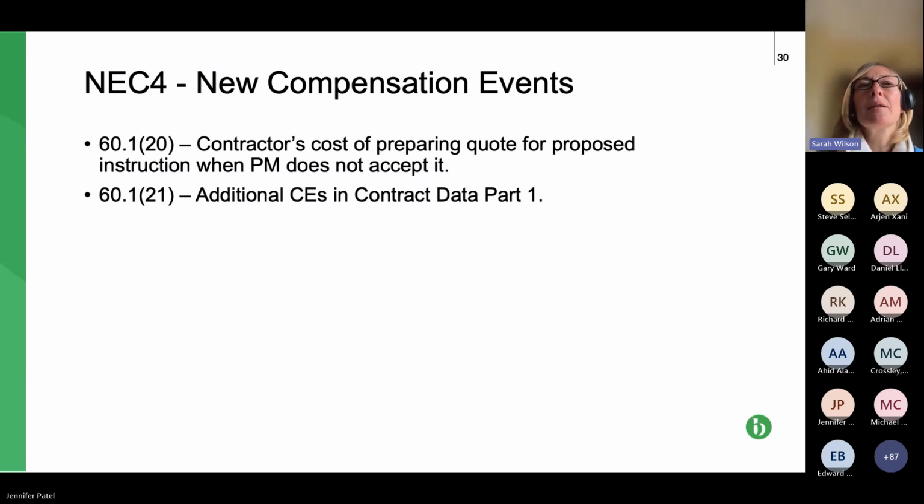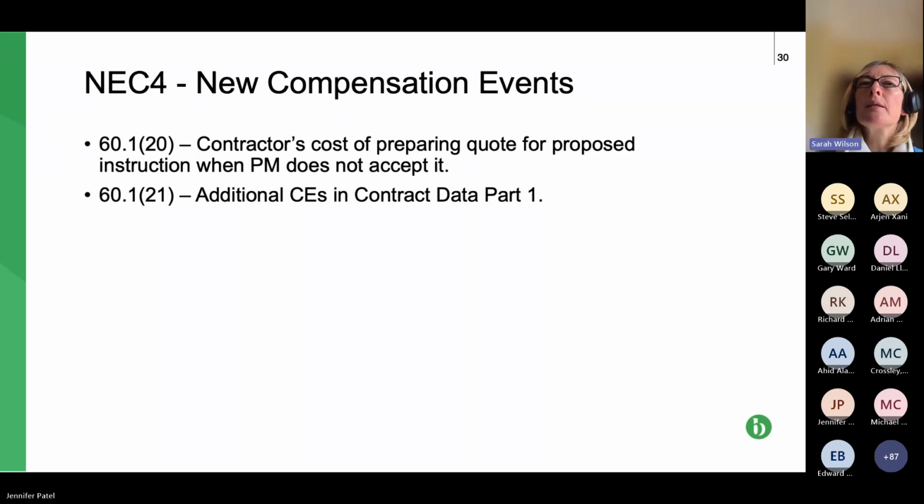And then second bullet point, clause 60.121, any additional CEs in the contract data part 1. So this merely puts right at the end of the contract data part 1, a part 4, the paying party, the employer or the contractor in a subcontract, to add some additional CEs.